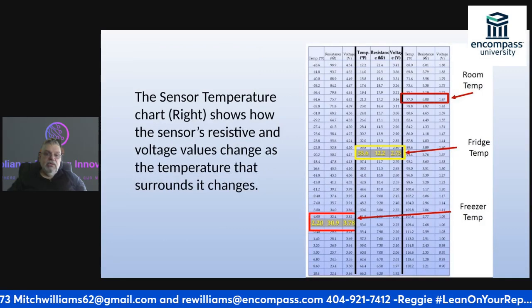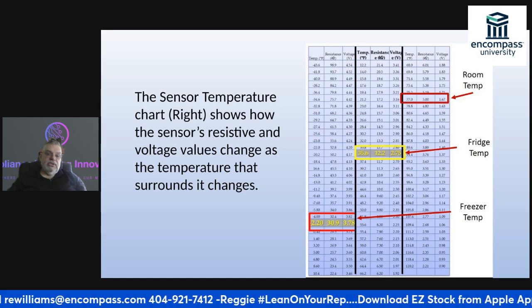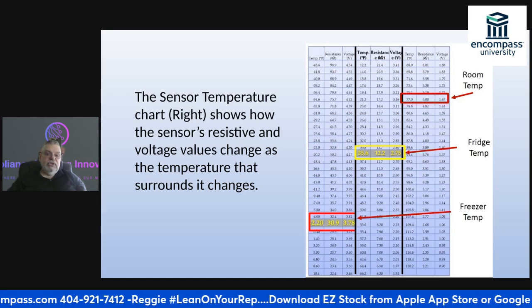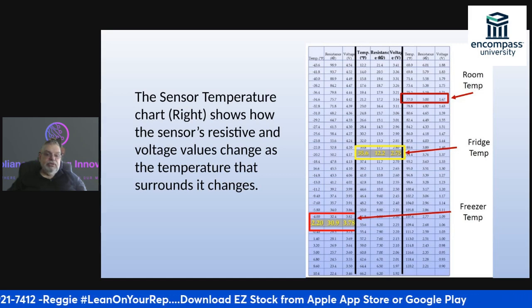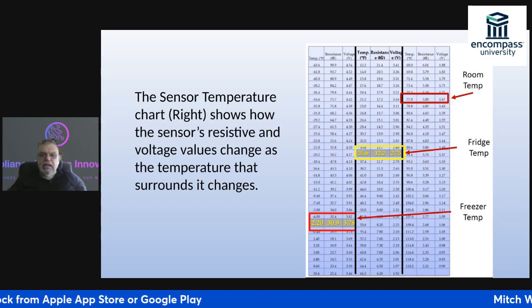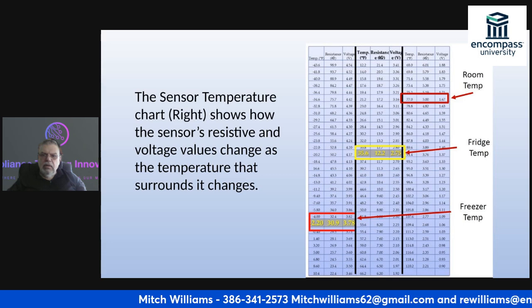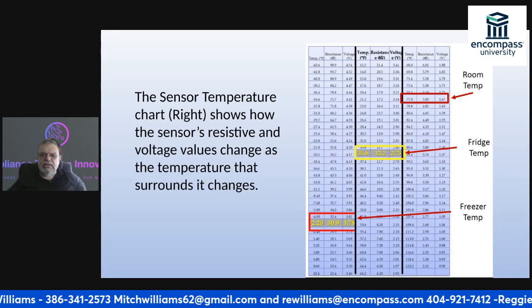The temperature sensor chart on the right shows how the sensor's resistance and voltage change as the temperature surrounding it changes. So if I'm looking at this and my temperature is 35.6 degrees, my resistance value is 12.2. My voltage is 2.75.